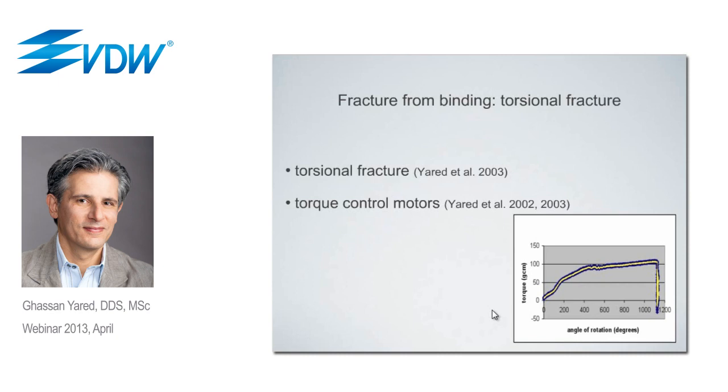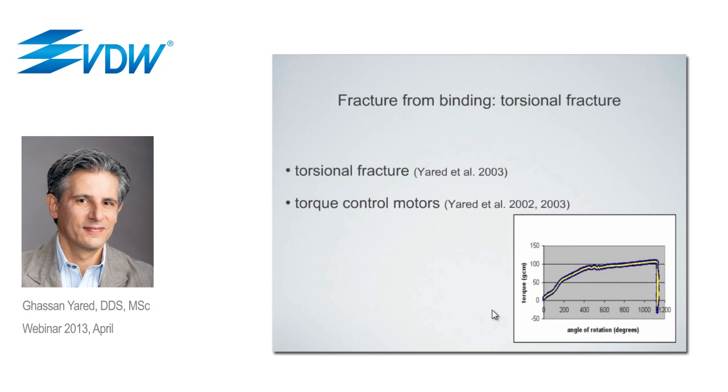So, in clockwise rotation, in order to minimize the chances of torsional fracture, manufacturers introduced torque control motors. So what they did, they determined the torque at fracture of the endodontic instruments, of the rotary instruments.